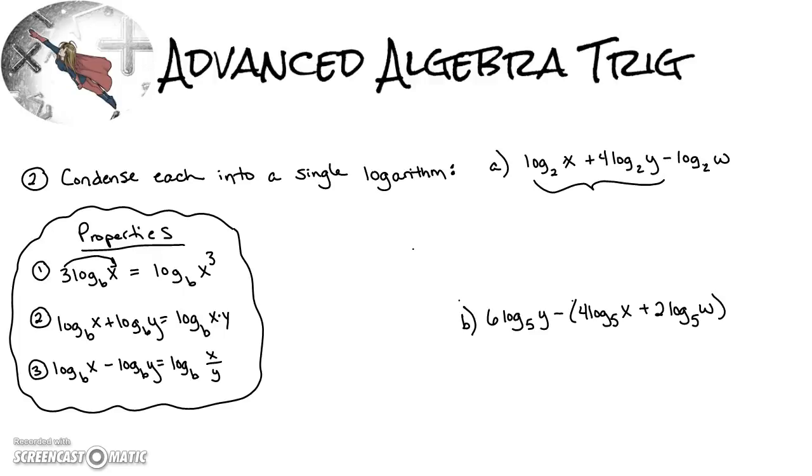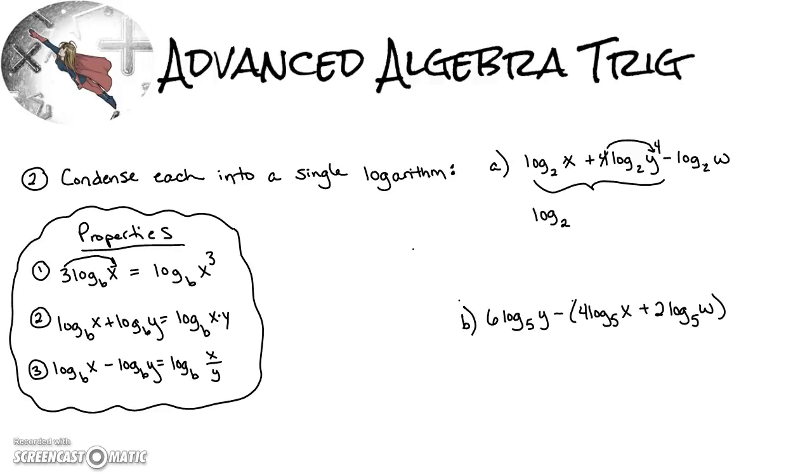So I know that I can combine those into one logarithm, same base, base 2. Oh, and the first thing I have to do is move this 4 right to there. I've got to get that 4 out of my way. So think of it that way now.